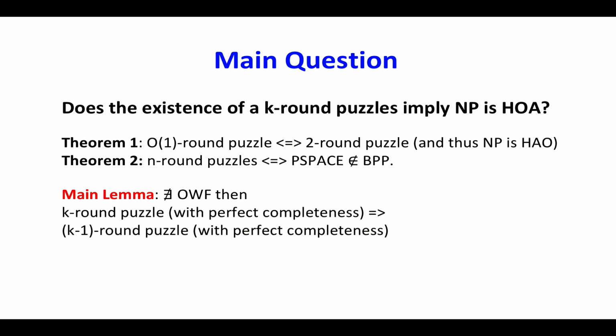So the way we prove the first one is that we show that Babai-Moran's construction, the round collapse transformation, actually works if one-way functions don't exist. So if one-way functions don't exist, then I can take a k-round puzzle and transform it into a k-1 round puzzle while preserving perfect completeness.